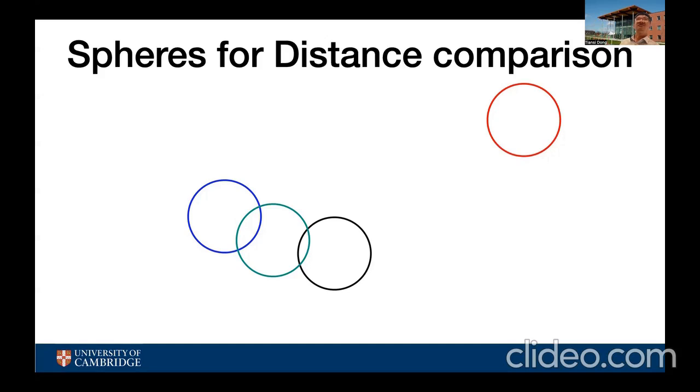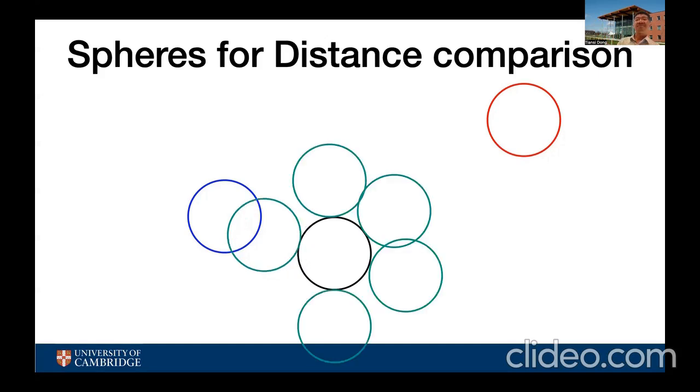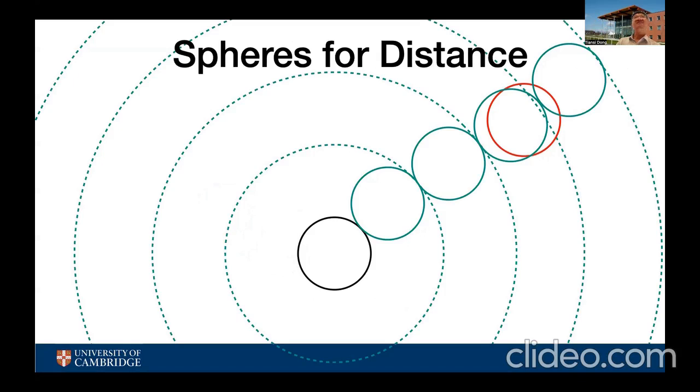Connect. The green sphere cannot connect the black and red, no matter how you move it. And from this concept, we can define distance relation.